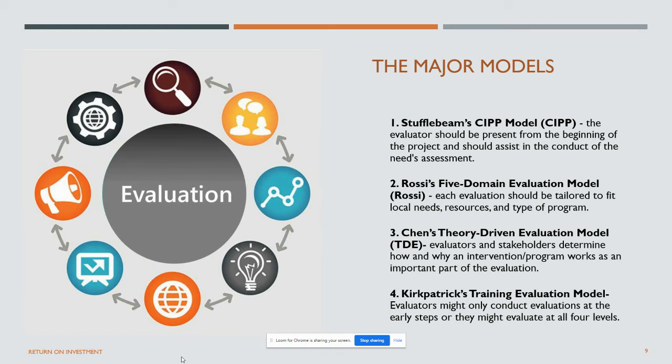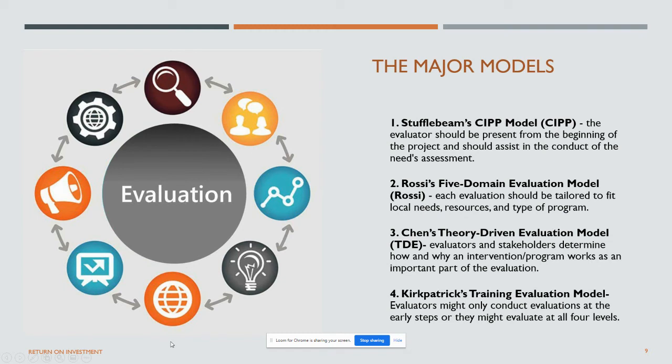For Rossi, the evaluation questions construct the core from which the rest of the evaluation evolves. Therefore, it is essential that you and the key stakeholders construct a clear and agreed upon set of evaluation questions. Each evaluation should be tailored to fit the local needs, resources, and type of program.